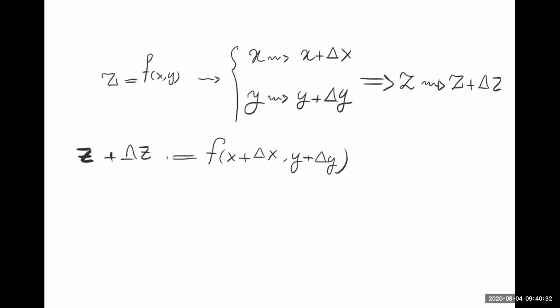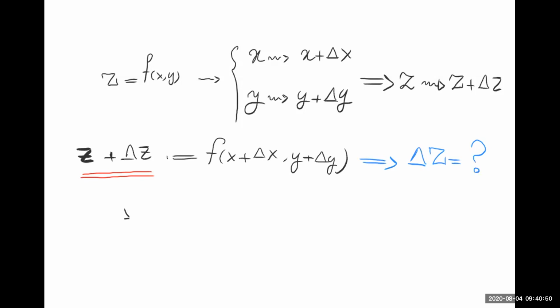Okay, I would define delta z to z plus delta z to be this new number. And the question is how can I compute delta z? How can I see how much this thing would change? This exactly follows the rule we had for differential.